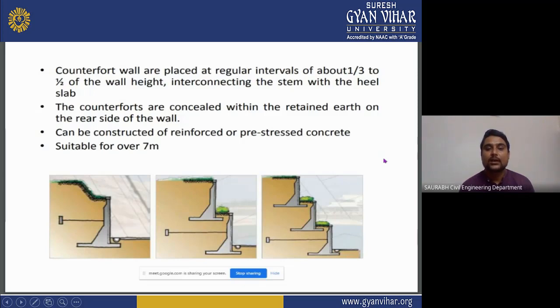The counterfort can be constructed of reinforced or pre-stressed concrete, and it is suitable for heights over 7 meters. As you can see, this is the image of a counterfort wall, which works as a retaining wall, and this may be built for over 7 meters.